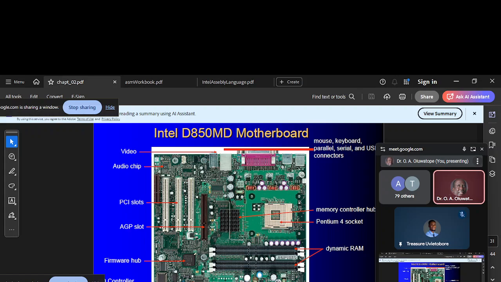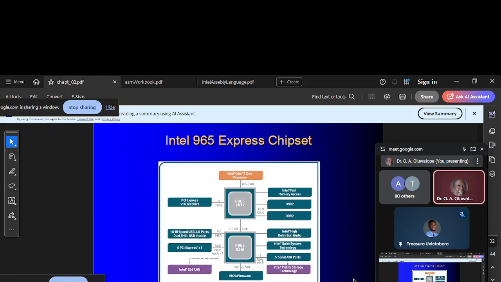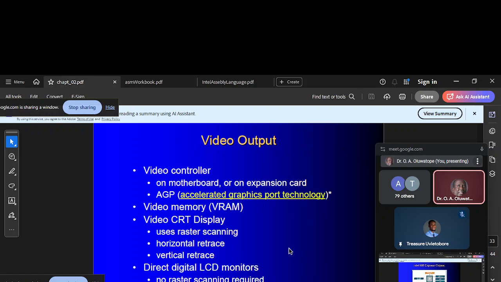The storage will be connected through here, IDE, whether HDD or SSD rather. Then this is the chipset, the Intel chipset that drives the entire motherboard.